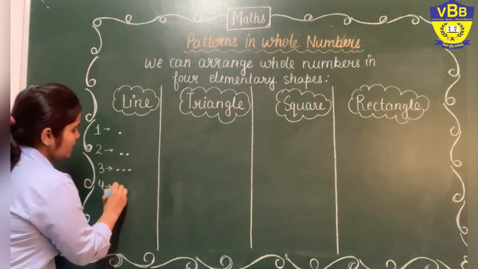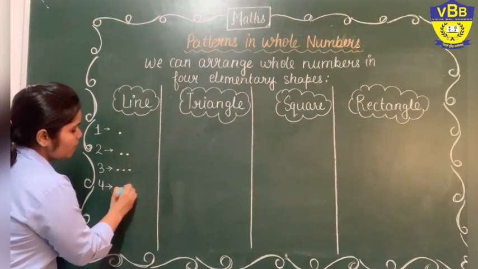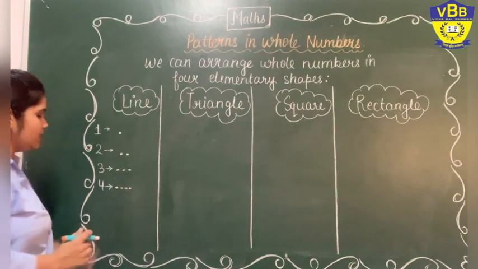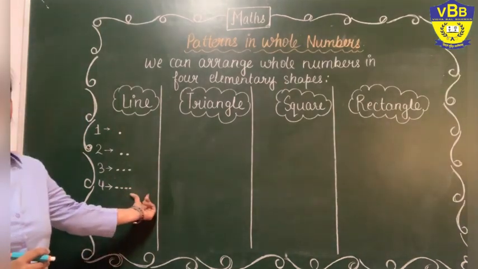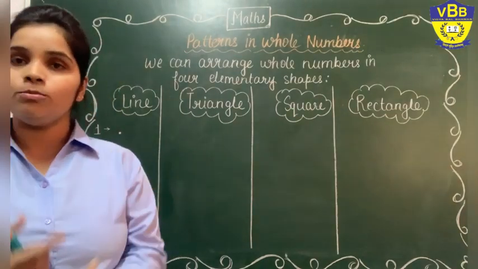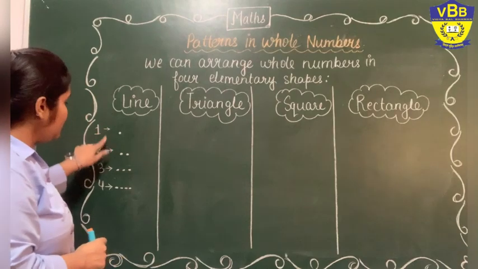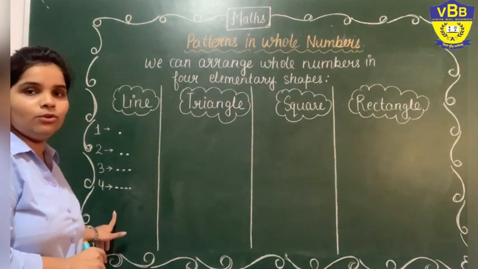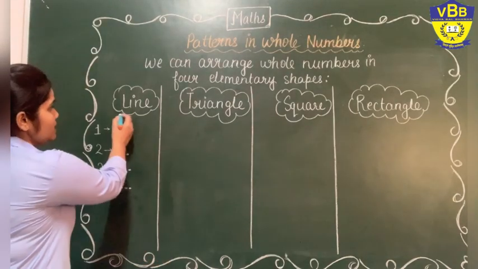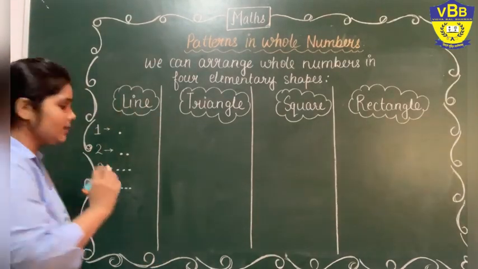This gives an observation that all the whole numbers except 0 can be represented as a line.